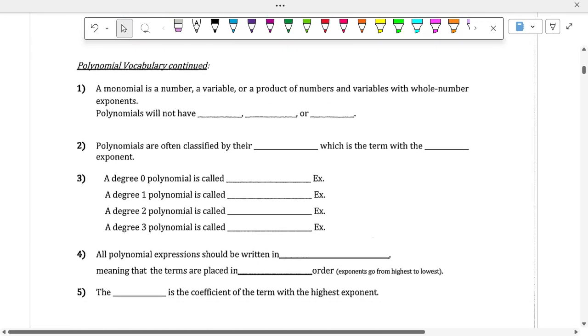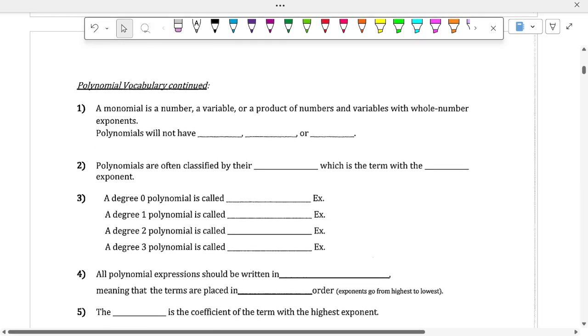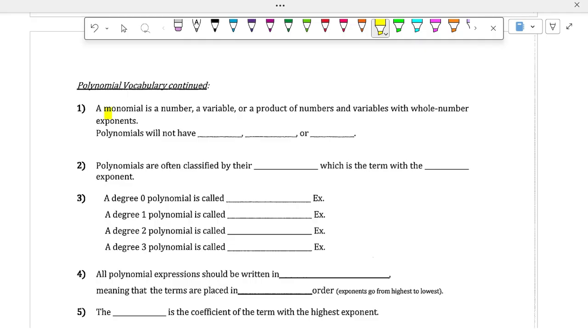All right. Now, a little bit more vocabulary. So, when it comes to polynomials, polynomials have to meet a certain number of specifications. A monomial is a number, a variable, or a product of numbers and variables with whole number exponents.